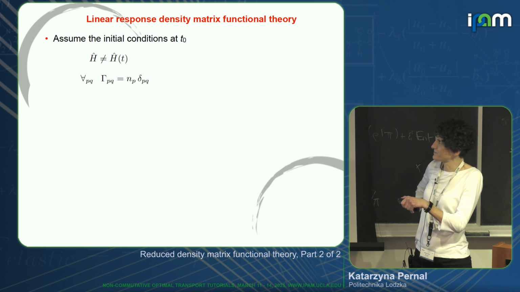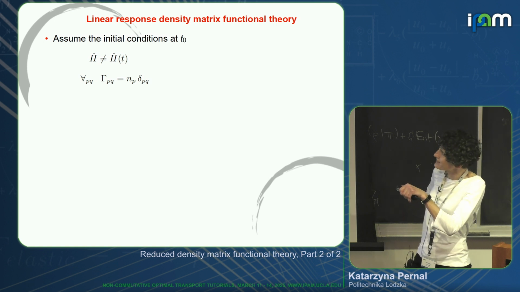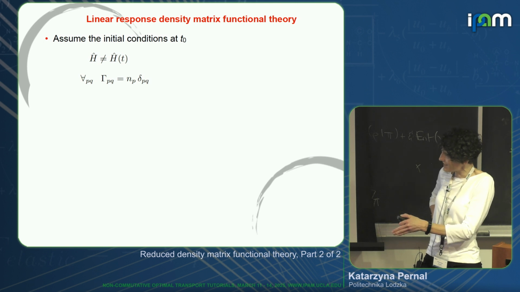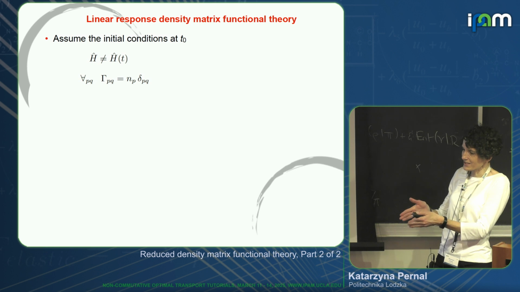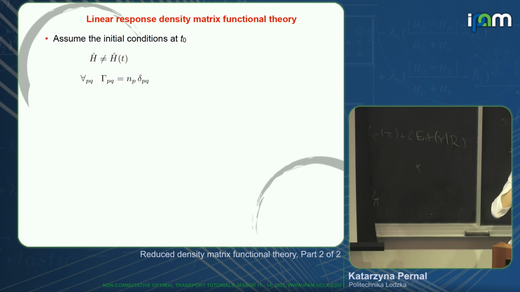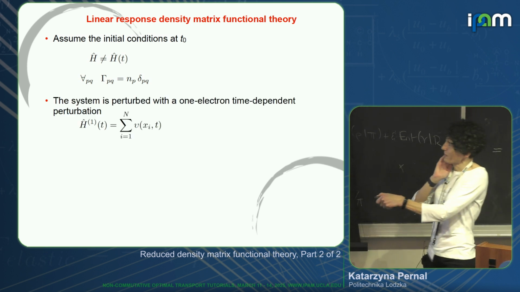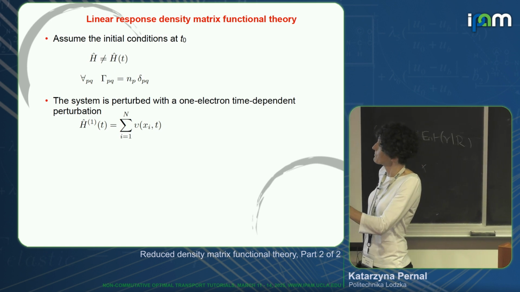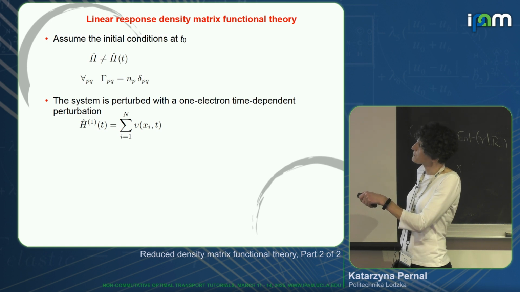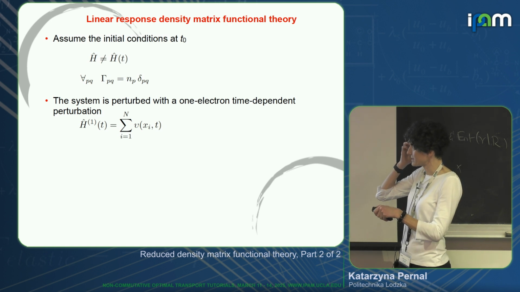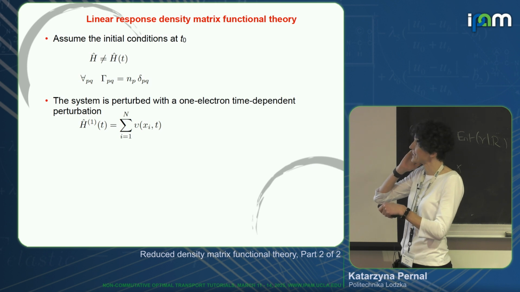We assume that the Hamiltonian is time dependent, but at the initial time t0 it is time independent and we are in the stationary state. A density matrix is given, and in this derivation I assume that the time-independent basis set corresponds to the natural orbitals. Remember, the natural orbitals diagonalize the density matrix.